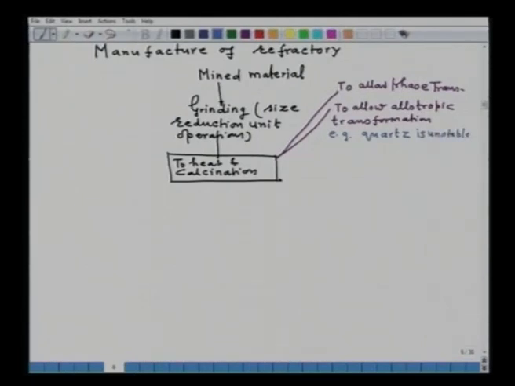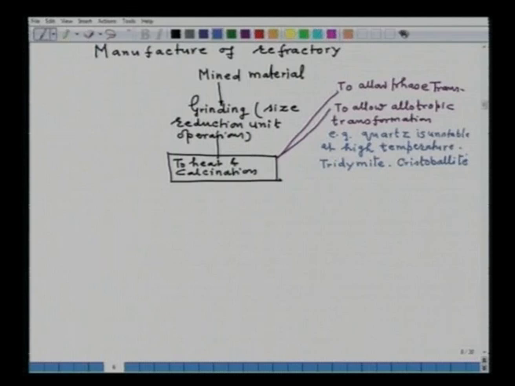It is unstable at high temperature, and it forms two phases. One is tridymite, and another is cristobalite. So, these two phases are formed when quartz is subjected to high temperature.